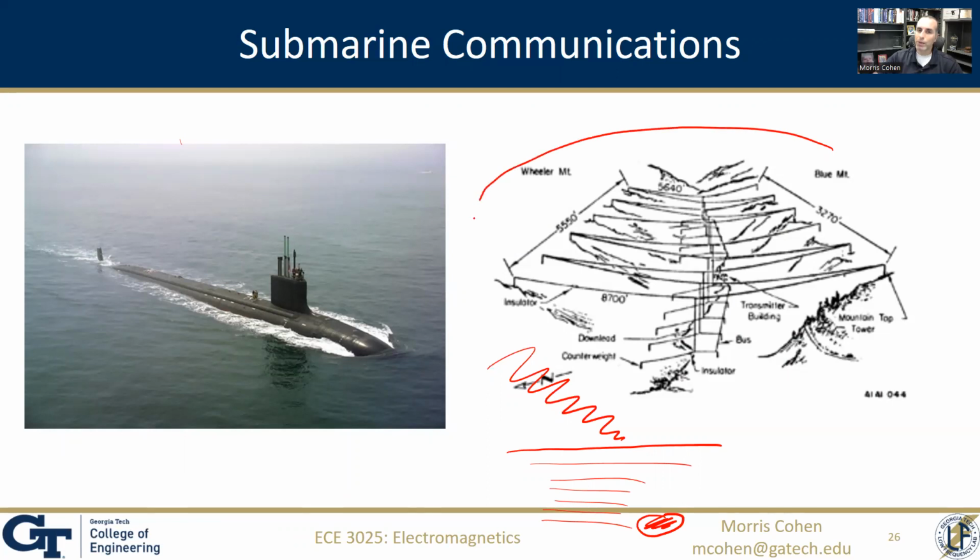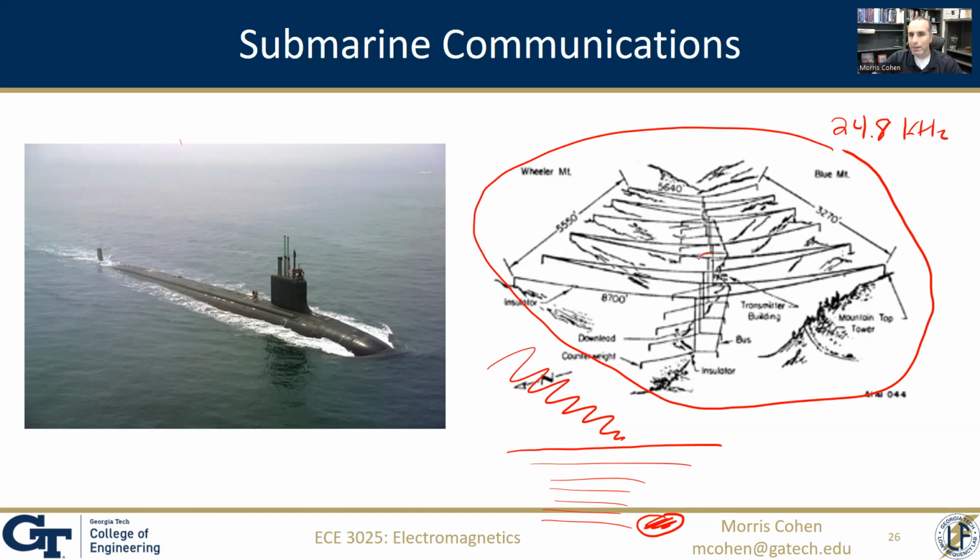This is actually a picture of one of these radio stations in the low frequency band of a few tens of kilohertz. And the problem with low frequency waves is the wavelengths are enormous. They are many tens of kilometers long. And typically that means you need to have an antenna that's as big as you can possibly make it in order to broadcast. So this is a diagram of an antenna in Washington State. It operates at 24.8 kilohertz. The actual antenna is the center structure, but all of these wires over here are basically required to get a reasonably efficient antenna.